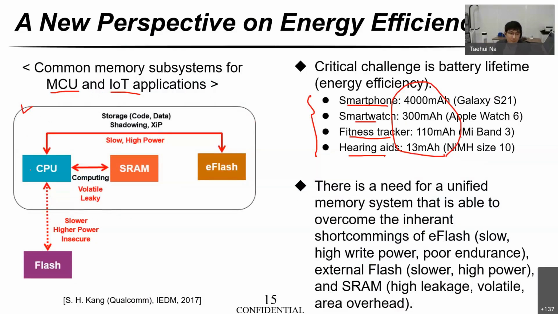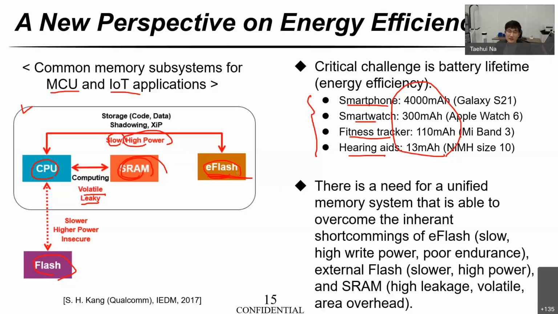Well, as a brain, there is a CPU. And for the high performance memory, there is SRAM. And for non-volatile memory, there is the embedded flash memory, or external flash memory. In case of SRAM, as I mentioned before, there is a leakage problem, and it is volatile, right? In case of embedded flash memory, it is slow and it requires high power consumption.